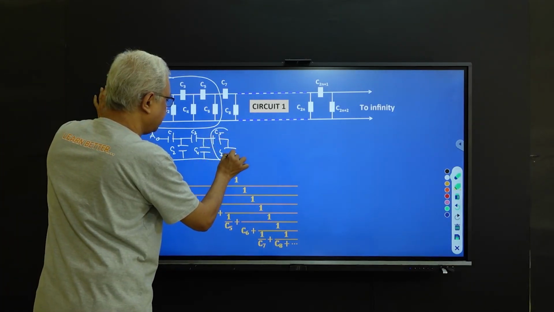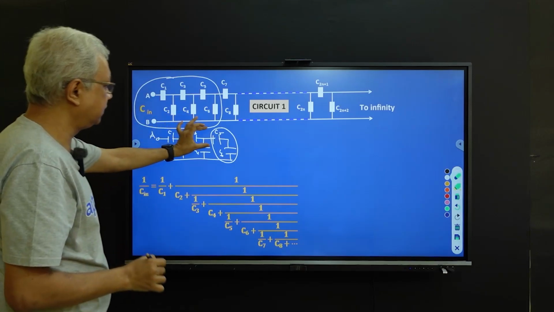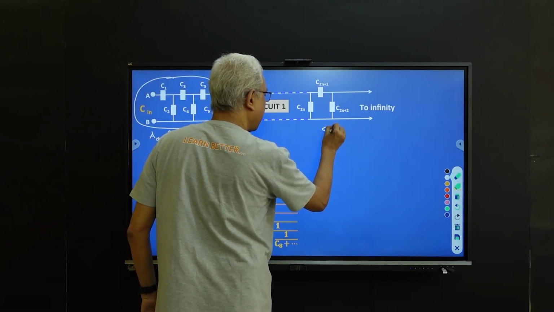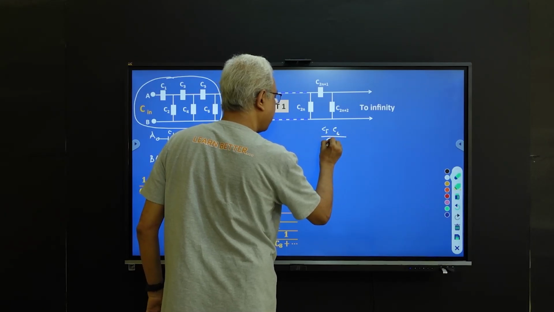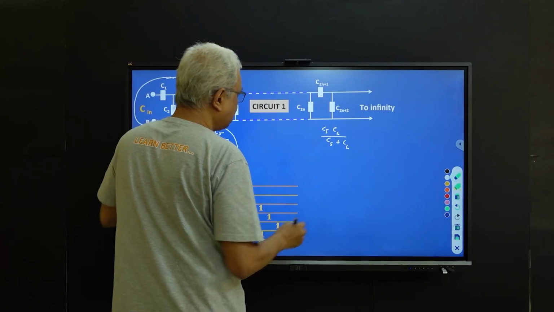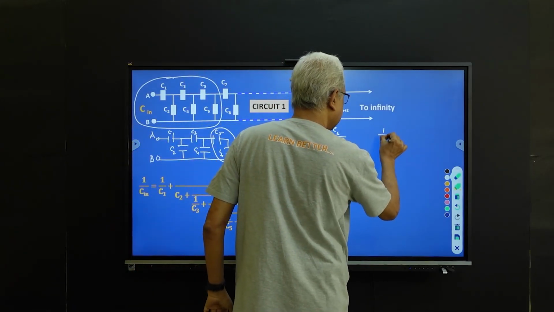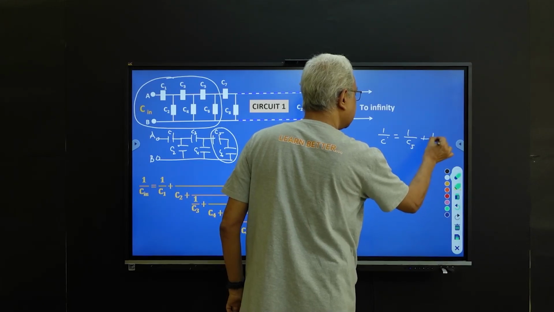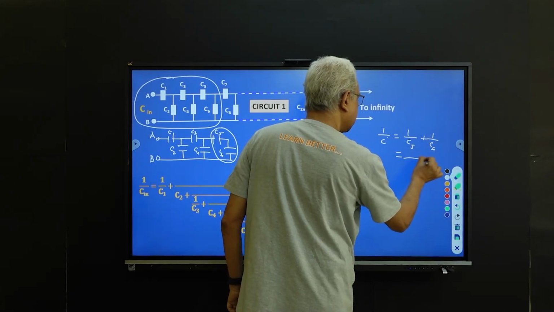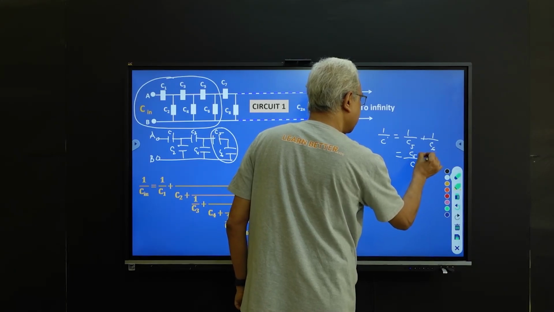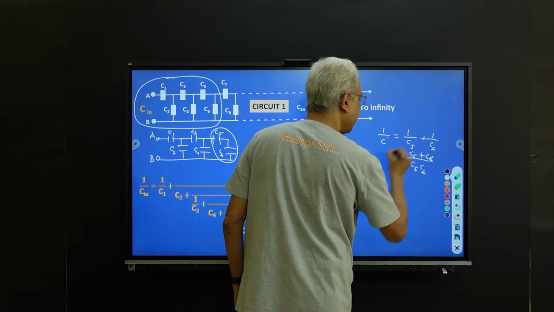So take this one. This is a series combination of C5 and C6, which is actually C5 C6 by C5 plus C6. Because you know for a series combination of these two, if the equivalent capacitance is C dash, then 1 by C dash equals 1 by C5 plus 1 by C6.